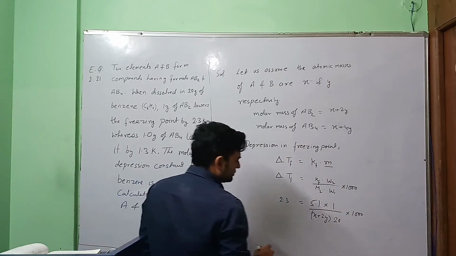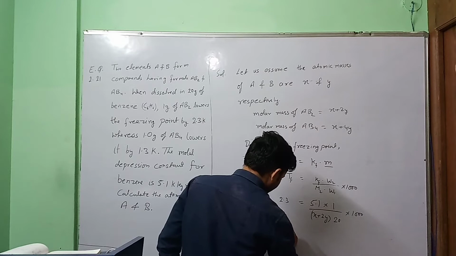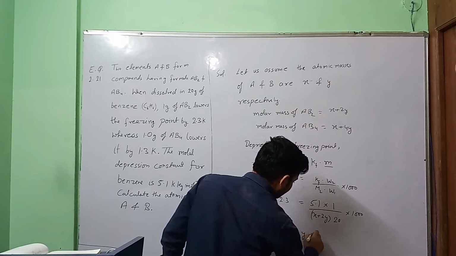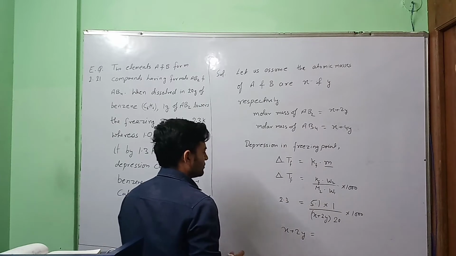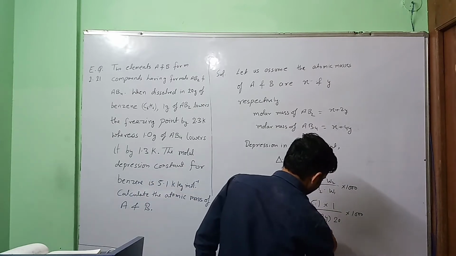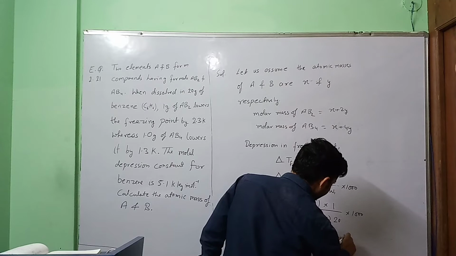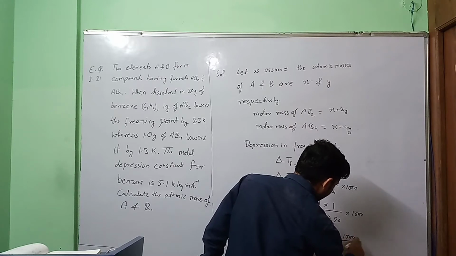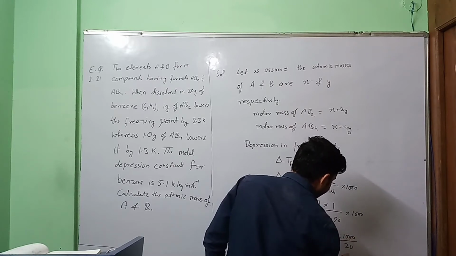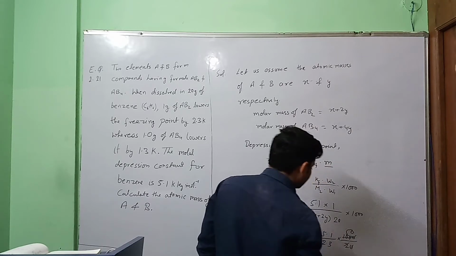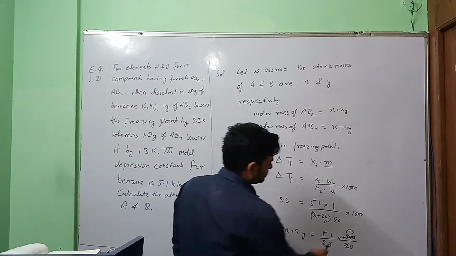So from here we'll get X plus 2Y equal to 5.1 upon 2.3 into 1000 upon 20. This thing will be cancelled as 50.